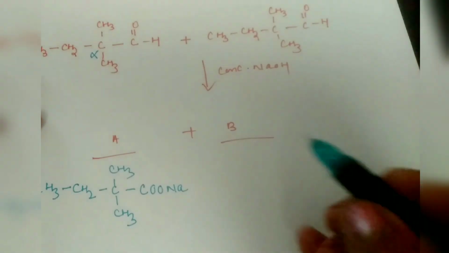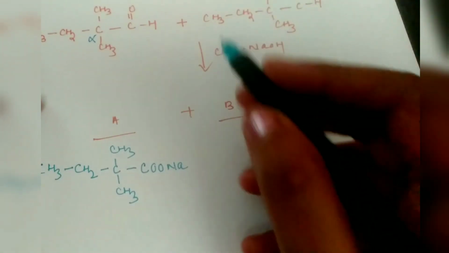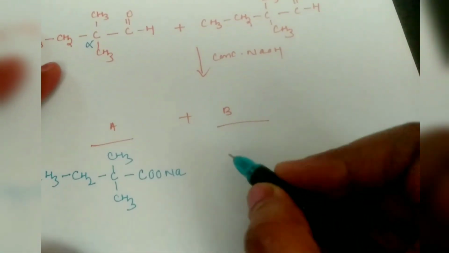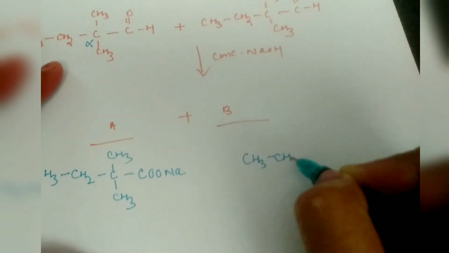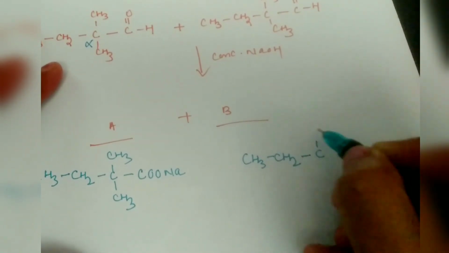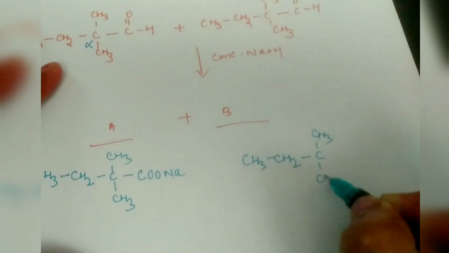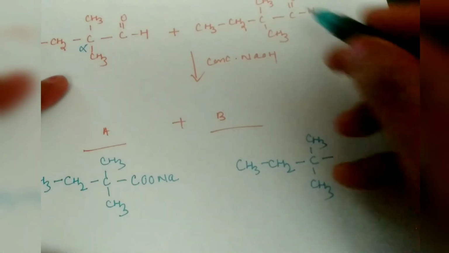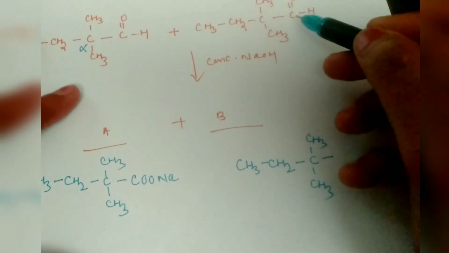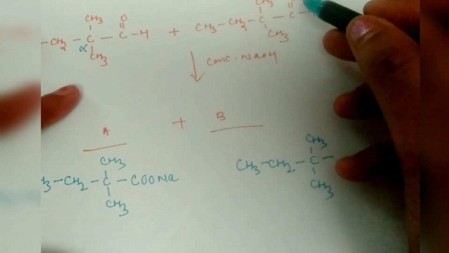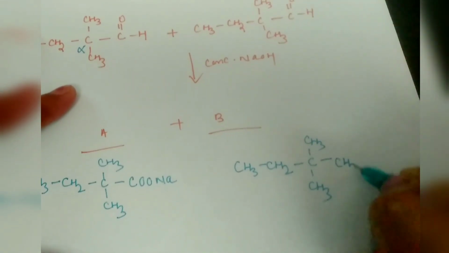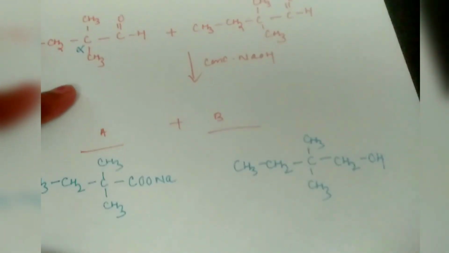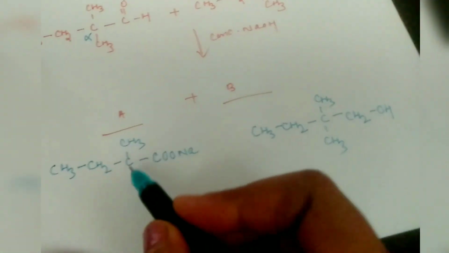Similarly, when one undergoes reduction, the B product, CH3, CH2, C, this one is CH3, this one is CH3, and this becomes what? Reduction means addition of hydrogen. Here you have to add one hydrogen, here one hydrogen, then it becomes CH2OH. So this is your CH2OH.